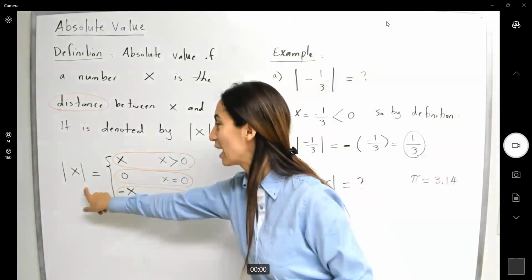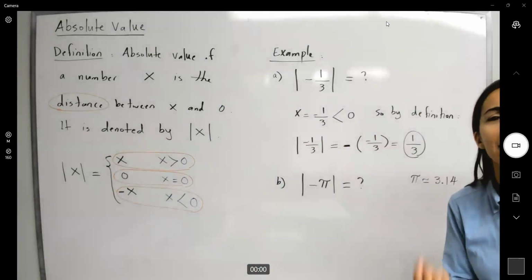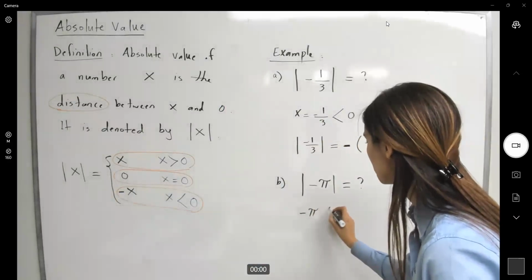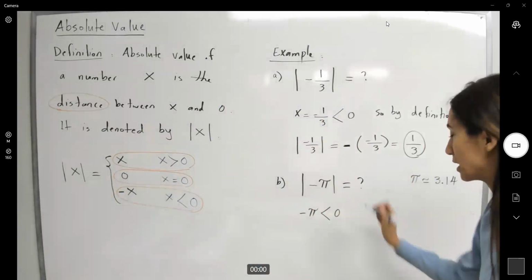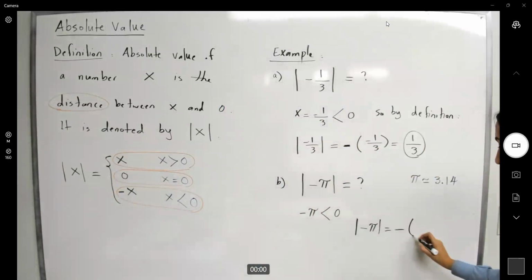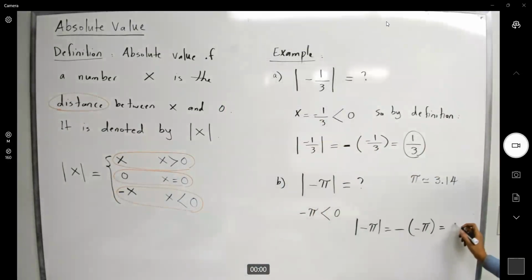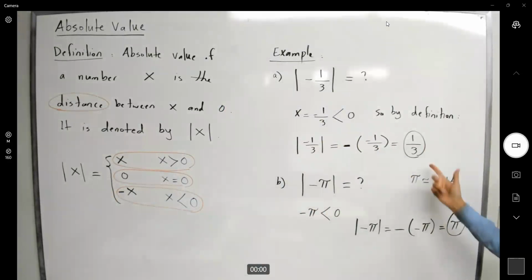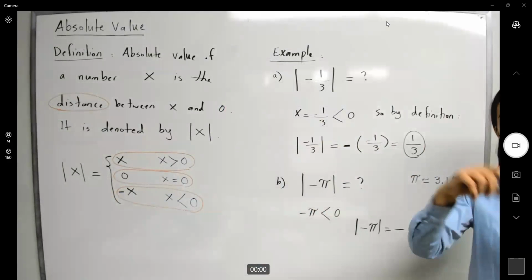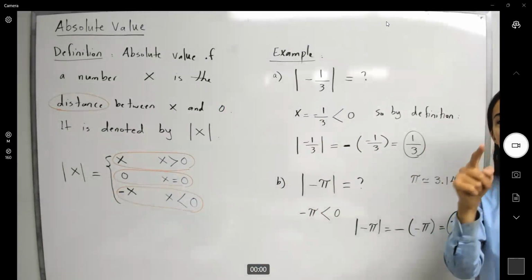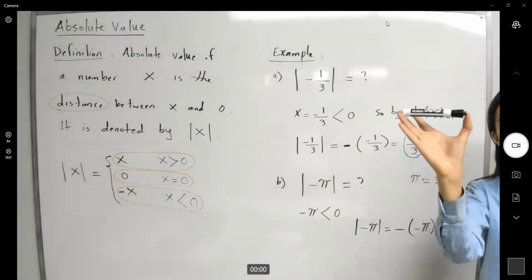So the absolute value of x is negative x. I put a negative sign in front of my negative pi. So the absolute value of negative pi is equal to minus minus pi, which is positive pi. The distance represented as a number must be positive. The distance cannot be negative. It's a physical measurement. If I use a ruler and I measure this marker, it's a positive number.